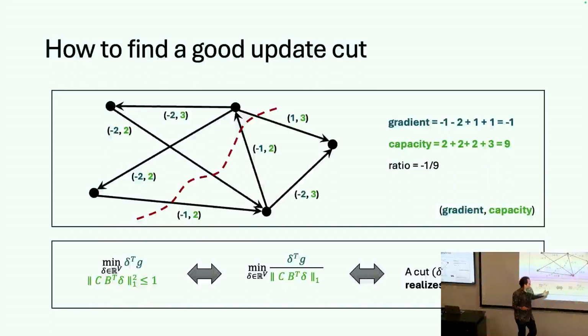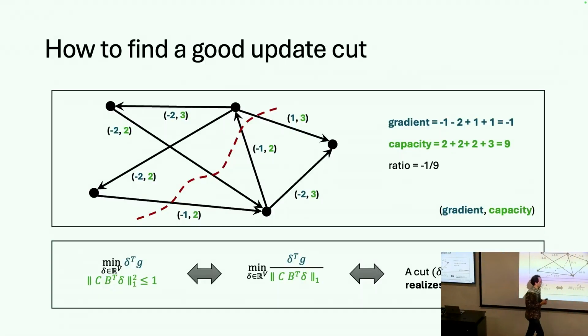You can show that this delta is always realized by a cut, which just sets them to 0 and 1. Is there any approximation here? It suffices if you solve this problem with really large error. Whatever error you get in the min ratio just translates to that many extra steps in the outer algorithm.